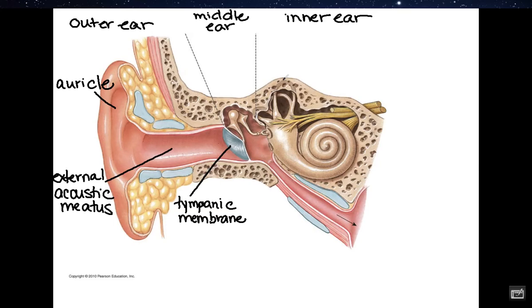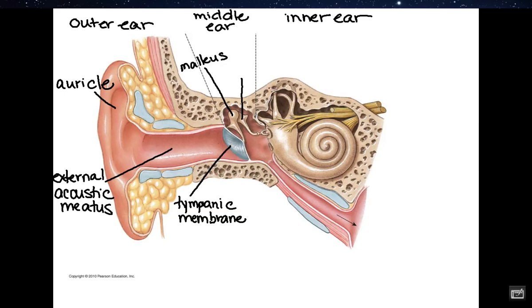Attached to the tympanic membrane are the three smallest bones in the body. And the first one here has a little bulb on it, and anatomically it is called the malleus. Sometimes people will refer to this as the hammer, and the way I remember that one is because hammers are sometimes called mallets, and mallet sounds like malleus.